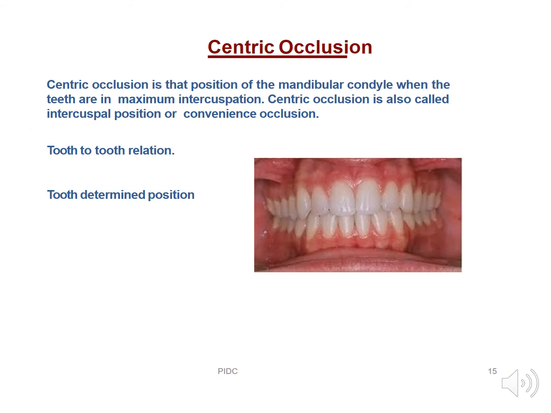Whereas centric occlusion is a tooth-to-tooth relation and it is a tooth-determined position. Centric occlusion is that position of the mandibular condyle when the teeth are in maximum intercuspation. So the keyword is maximum intercuspation. Centric occlusion is also called intercuspal position or convenient occlusion.